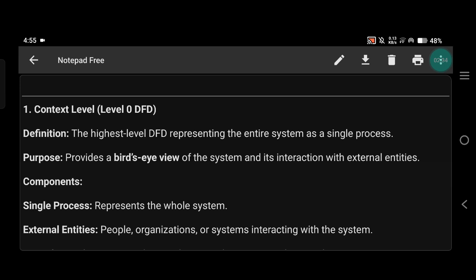Example: imagine an online shopping system. At level 0 it will show customers placing orders, suppliers sending products, and payments going through a payment gateway. So basically level 0 tells you what the system does overall, but not how it does it.